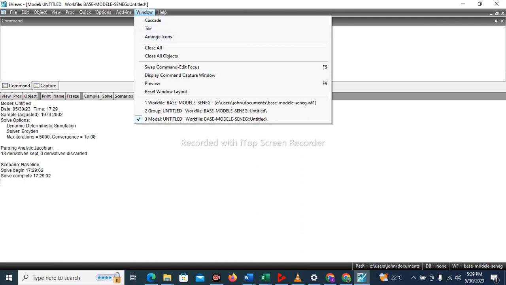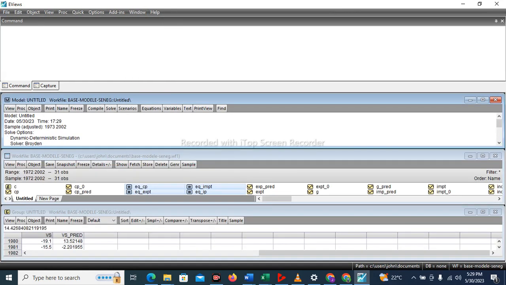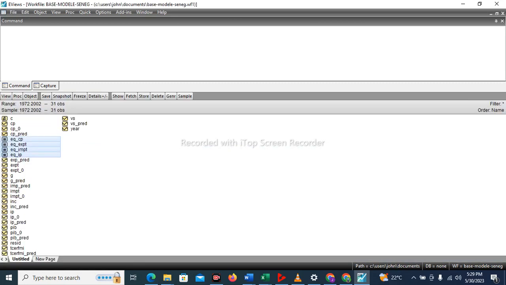You go back to your original window, then we want to see our model now. The values denoted as 0, you can see we have export 0, import 0, IP 0, PIB 0. In other words, those are baseline solutions. So we are going to open our baseline solutions and see.